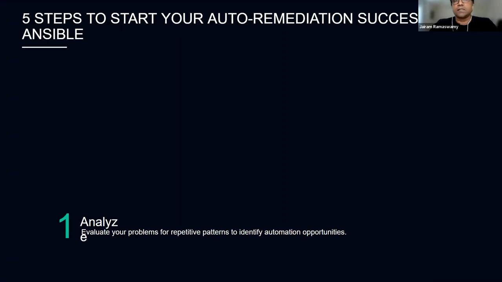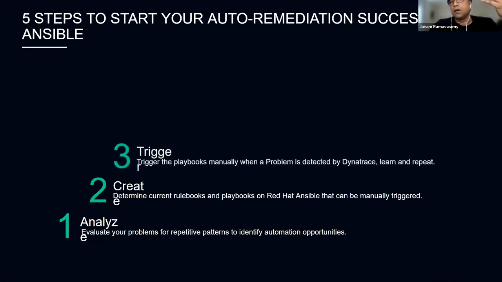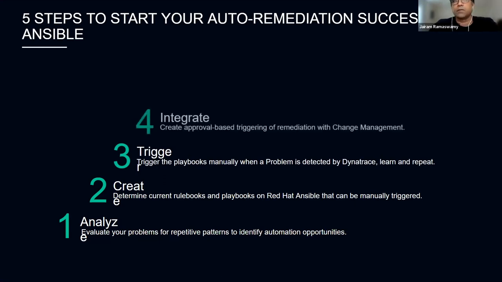It's not as simple as it seems, it's way more complicated. Then you create rule books and playbooks for figuring out what the remediation action could be. Then you trigger the playbooks manually when a problem is detected by Dynatrace, learn and repeat.